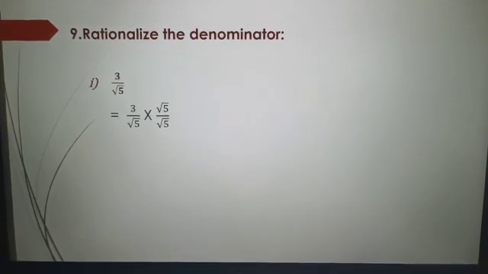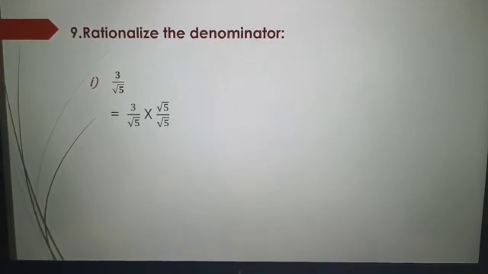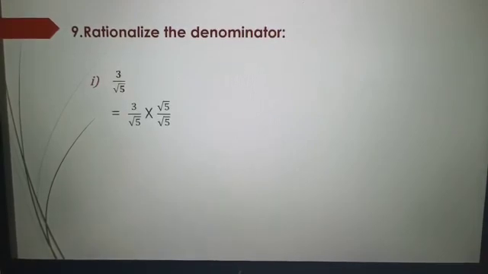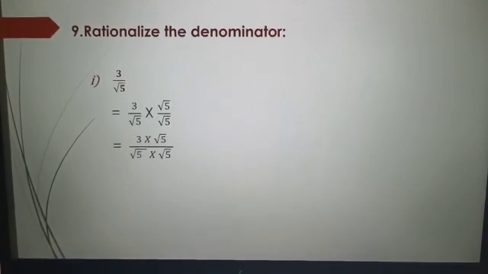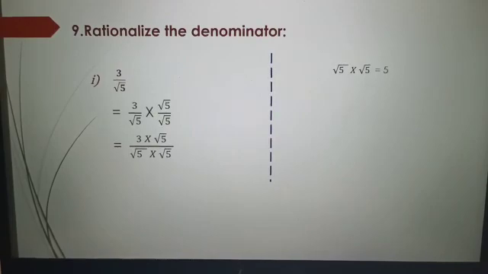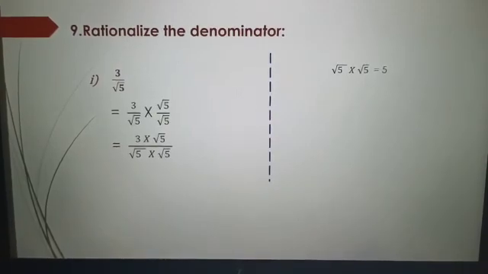Here we have to multiply numerator with numerator, that is 3 into square root of 5. And next we have to multiply denominator with the other denominator fraction, that is square root of 5 into square root of 5. We already know that square root of 5 into square root of 5 is equal to 5.